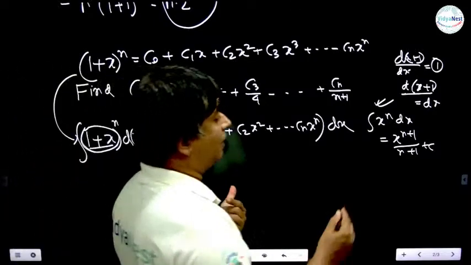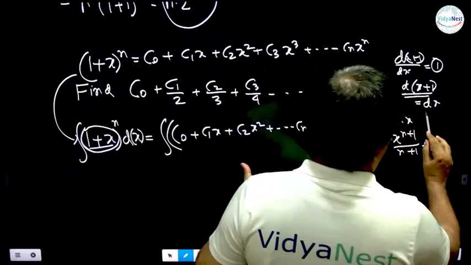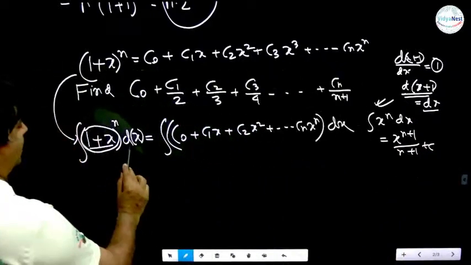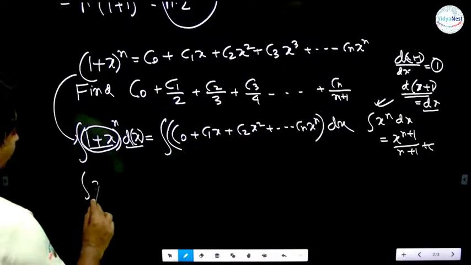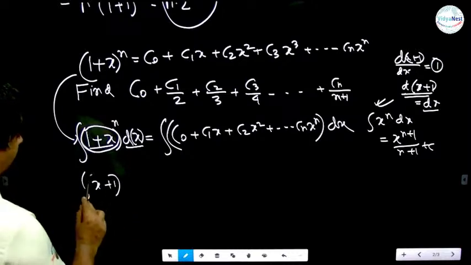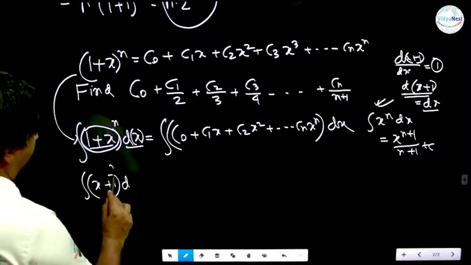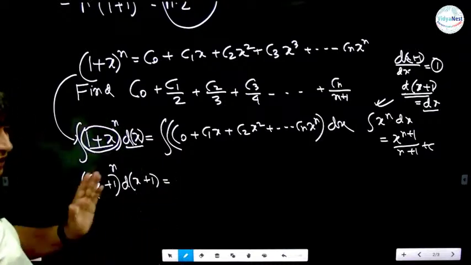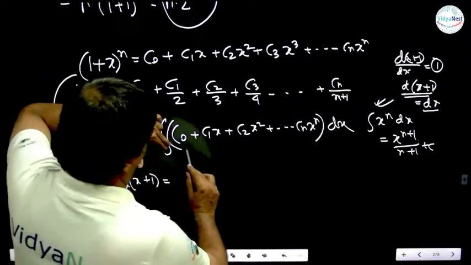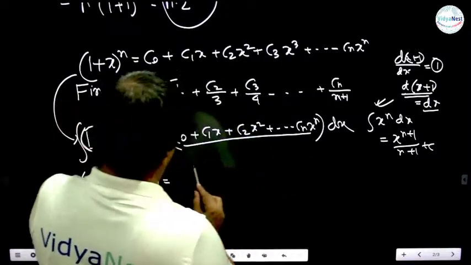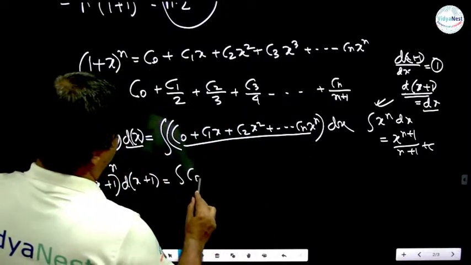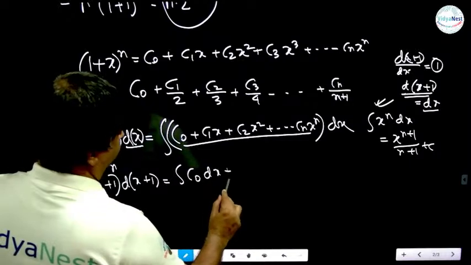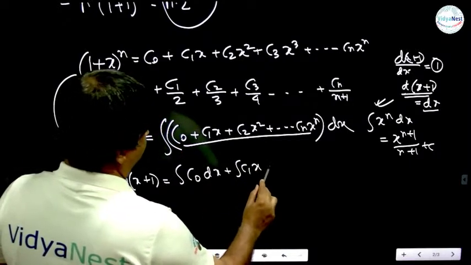And once we have come to know that d(x plus 1) is equal to dx, इसके जगह में हम क्या पुट करूंगा, d(x plus 1). Like differentiation, that integrand or the integrable function will be split into n number of integrals, like differentiation.